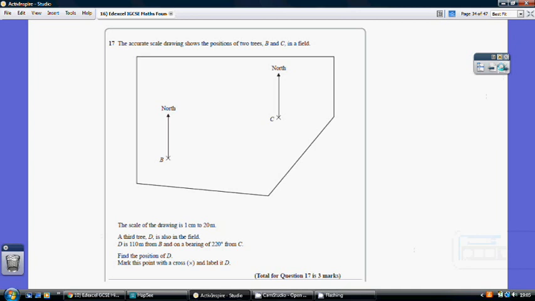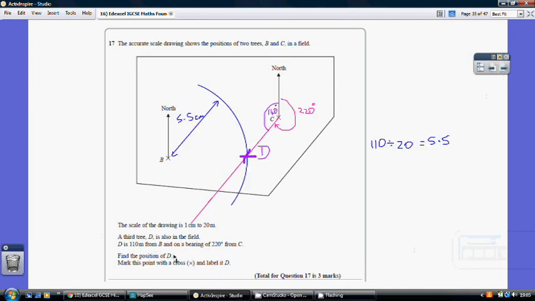Question 17. So we've got two things going on here. First thing we know is that with regard to this tree D, it's 110 meters from B. So we need to draw with our compass an arc representing all the points which are 110 meters from B. Now we're saying 20 meters is represented by 1 centimeter on the map.